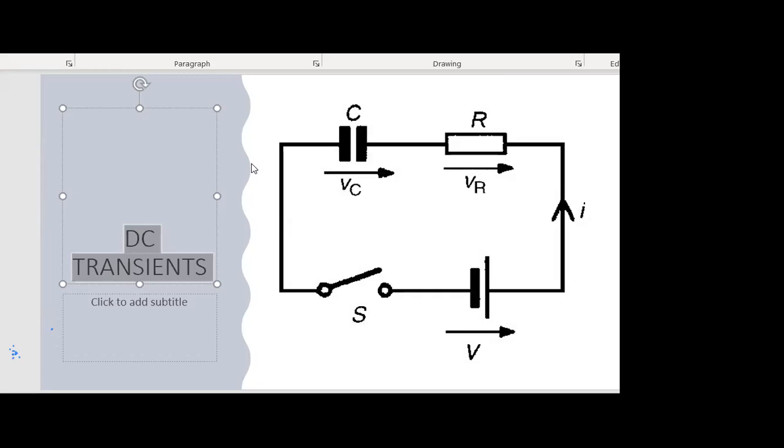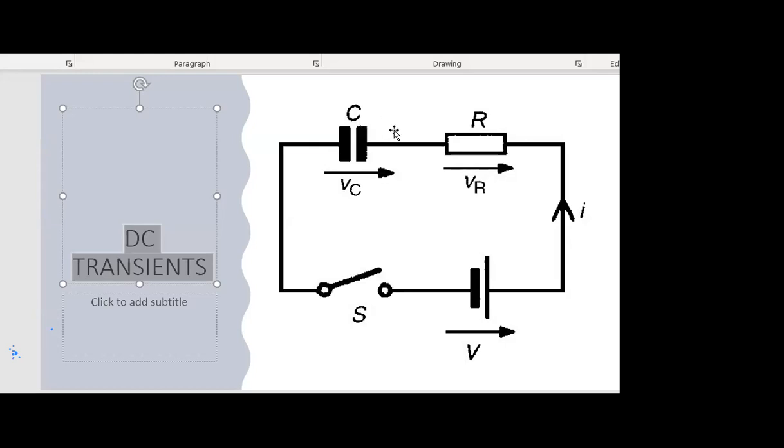So what do you understand by the word transient? When you connect a DC voltage to a capacitor and resistor connected in series, or an inductor and resistor in series, there is that short time before the current through the circuit and the voltage across the capacitor and resistor, or in the case of an LR circuit, the voltage across the inductor and the resistor, stabilizes.